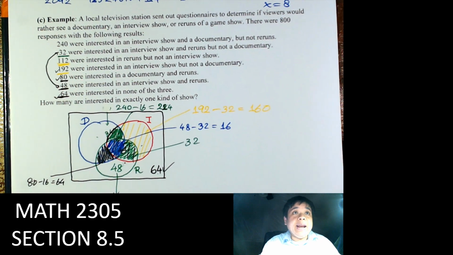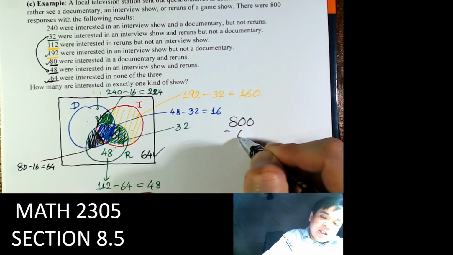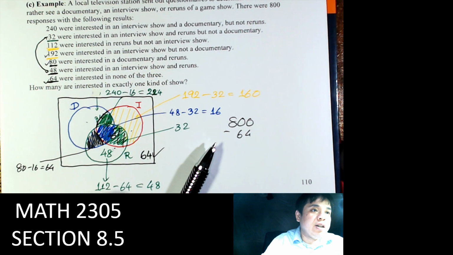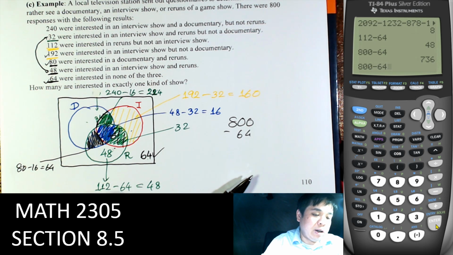Okay. Now we have 800 total minus 64, that will be in none of these. 800 minus 64, right?